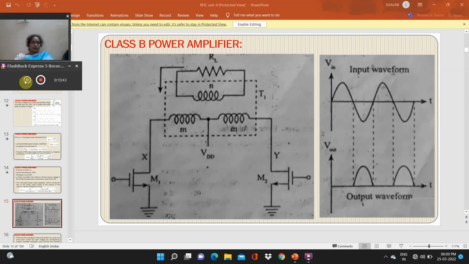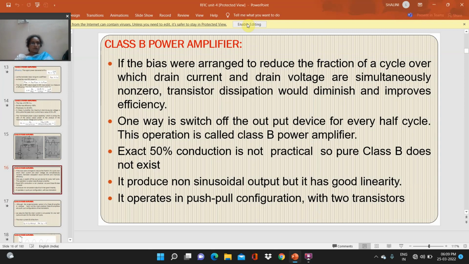The Class B power amplifier is shown below. If the bias were arranged to reduce the fraction of a cycle over which drain current and drain voltage are simultaneously non-zero, transistor dissipation would diminish and efficiency improves.